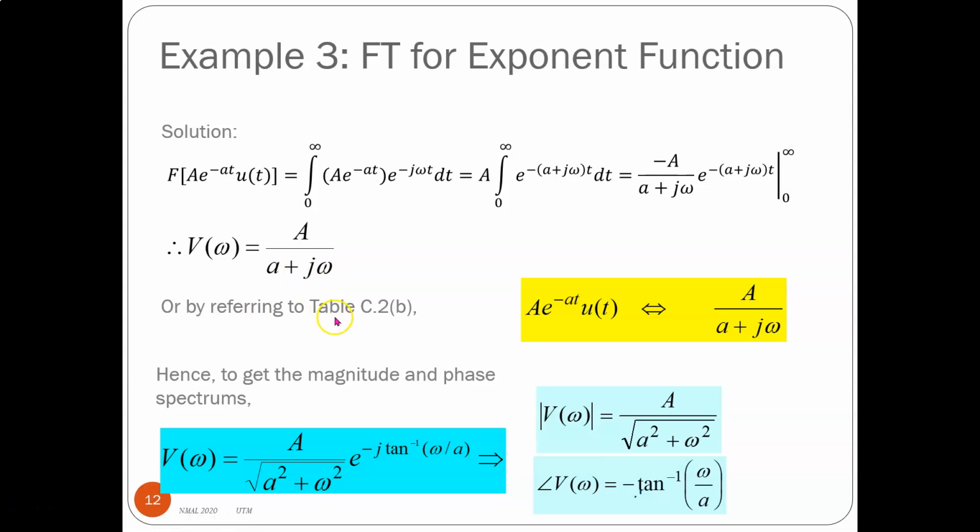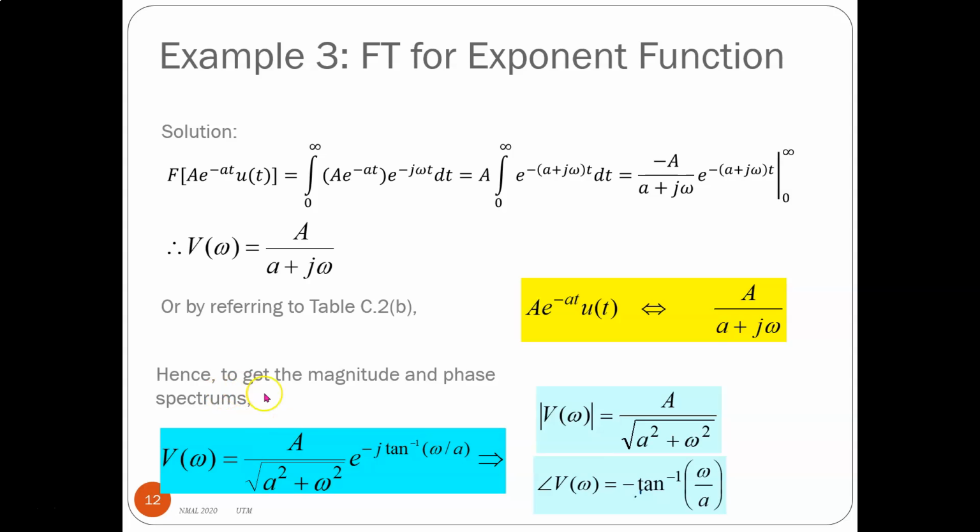You can get or obtain the Fourier transform of this function also by referring to table C2b. Okay, so in the table, which is in the list of formulas given to you during the test, also final exam, you will see that the pair for the exponent function multiplied by u(t) is here, a divided by a plus j omega.